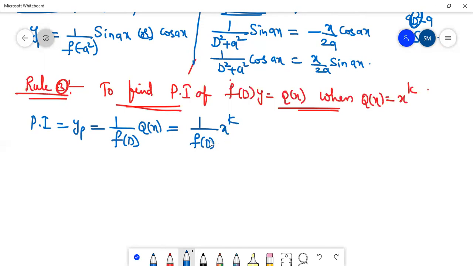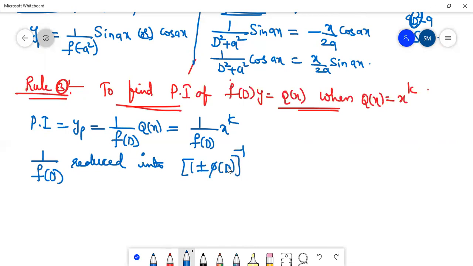Here, 1 by f of d is reduced into any one of the form of 1 plus or minus phi of d whole inverse. How to find out this 1 plus or minus phi of d?